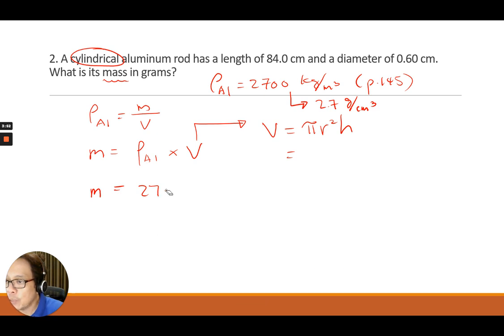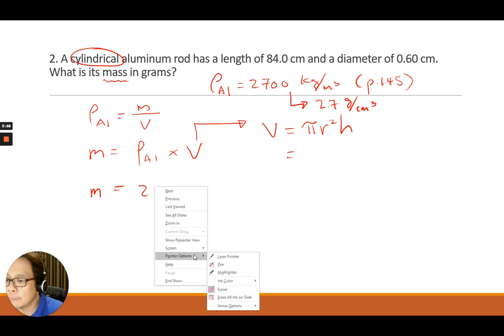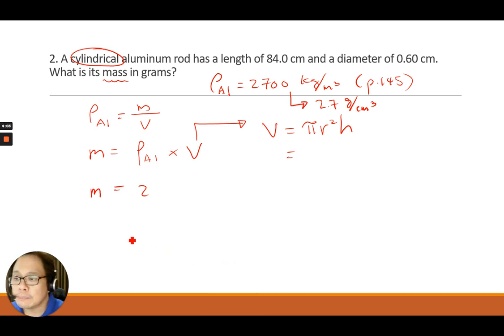This one should be 2.7 grams per cm cubed multiplied by the volume.